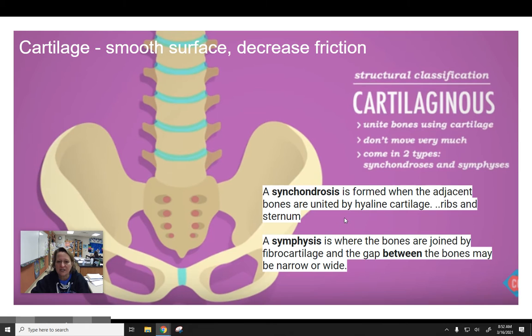That would be at the ribs and in the sternum. And then this pubic symphysis right here, where the bones are joined by fibrocartilage with a gap between. This cartilage dissolves somewhat for childbirth, so we can get the hips to be widened to allow for that.